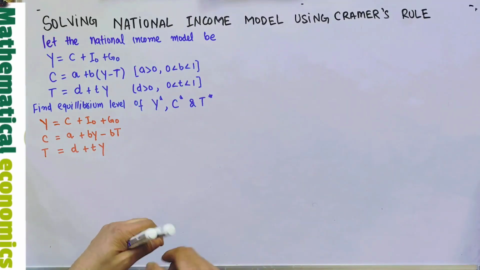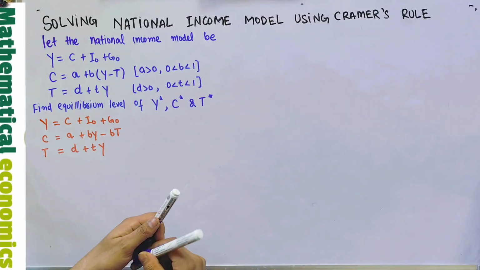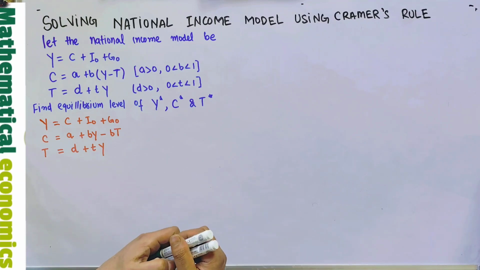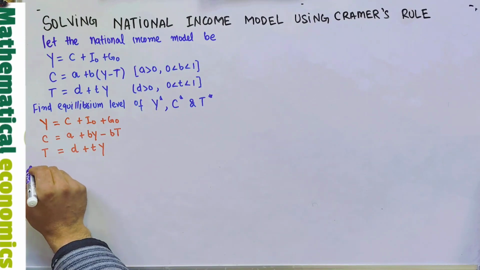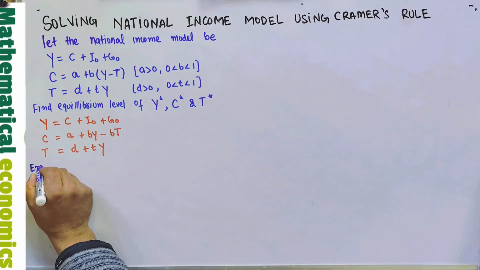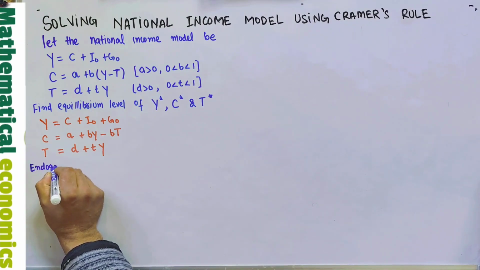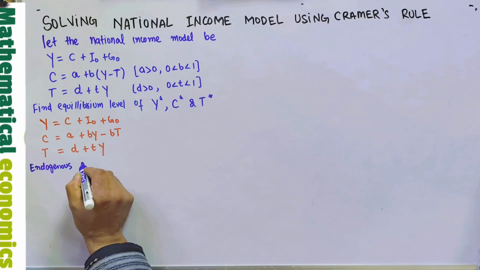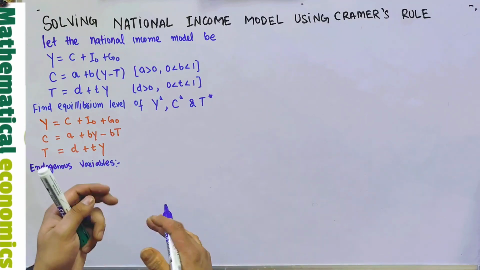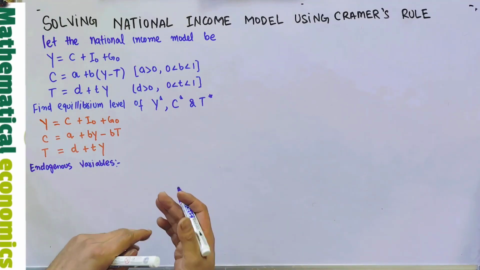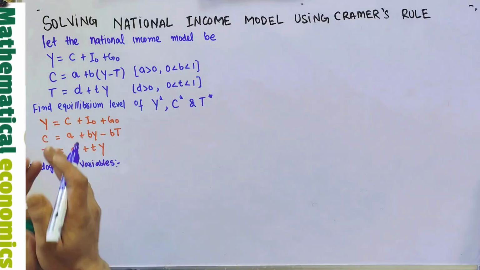First we need to find out what our endogenous variables, exogenous variables and constants are. Let us see the endogenous variables. By endogenous variables, we mean those variables whose value will be determined within this model.